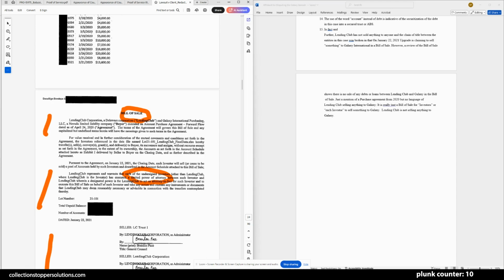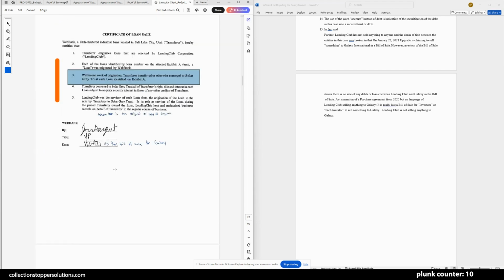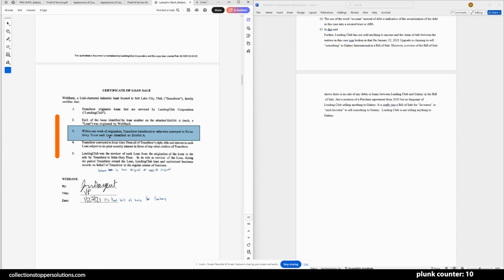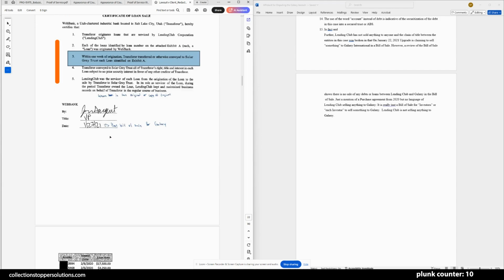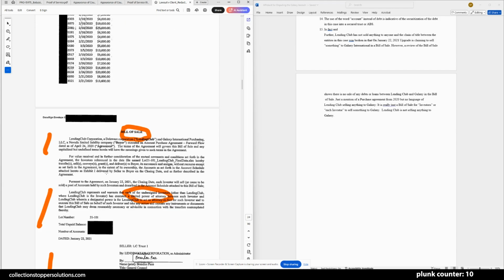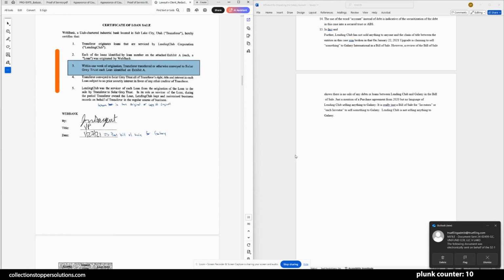So Lending Club would have to show how it got all these rights after a week after the origination. So they've done that somewhat. But how did Lending Club receive the debts when there are no records of this? So let's see if we can plunk that in.